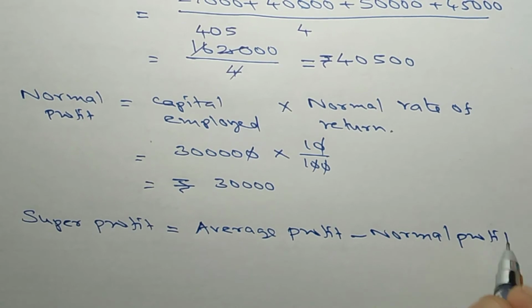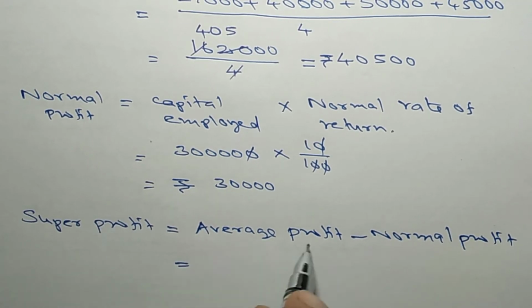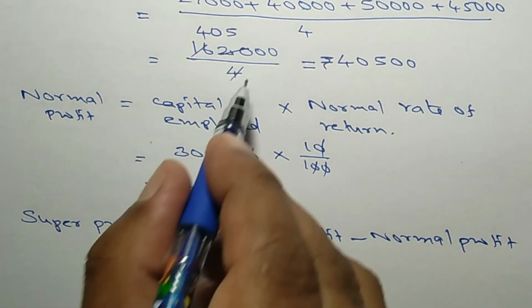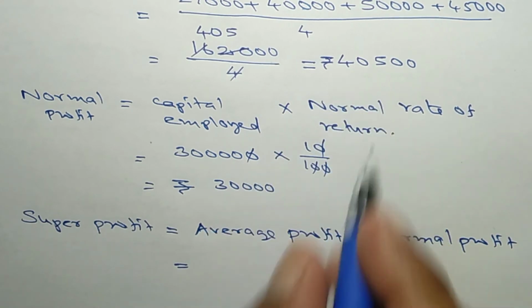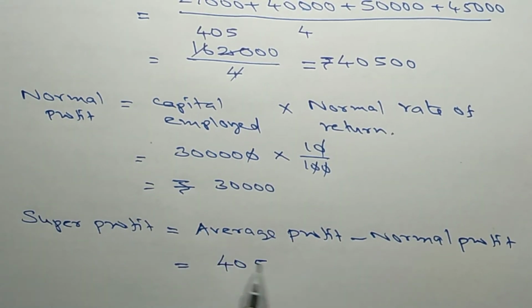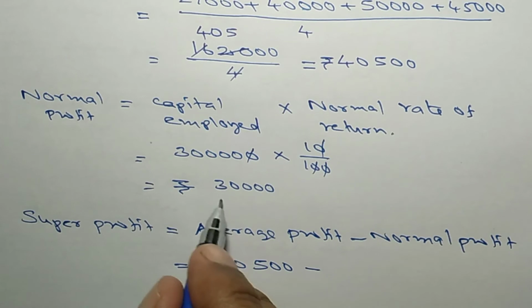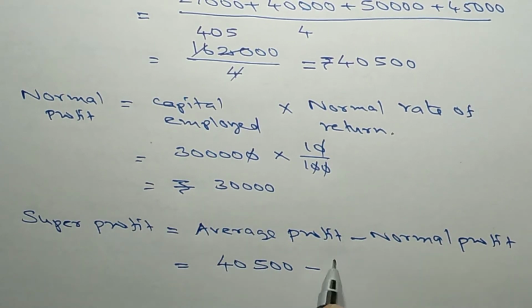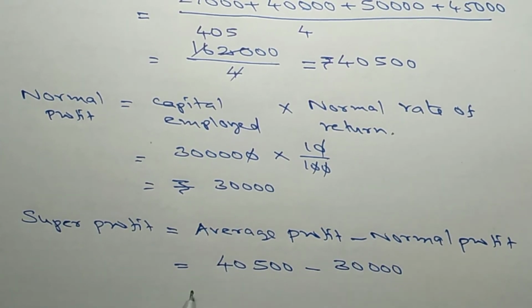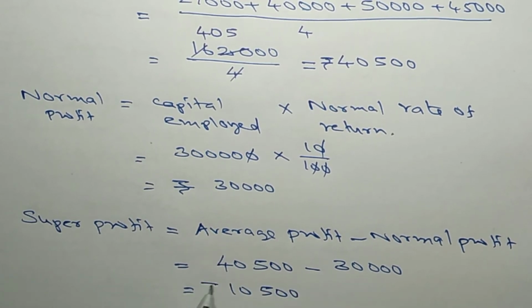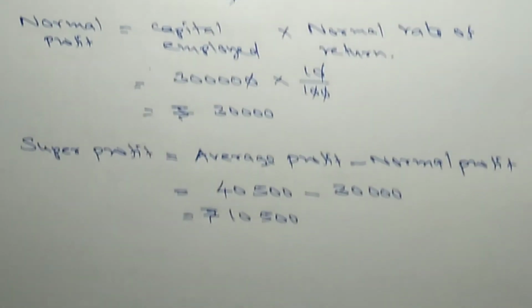That is the formula for finding super profit. Already we found average profit is 40,500. 40,500 minus normal profit 30,000. When you subtract these two, you get 10,500 rupees as super profit.